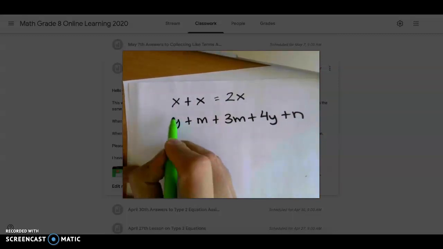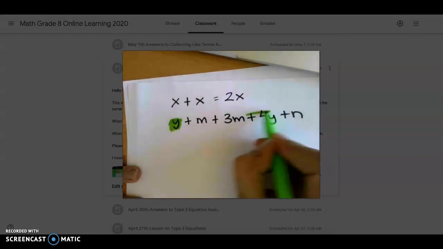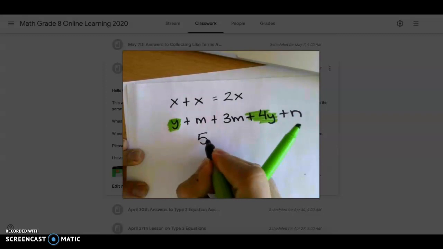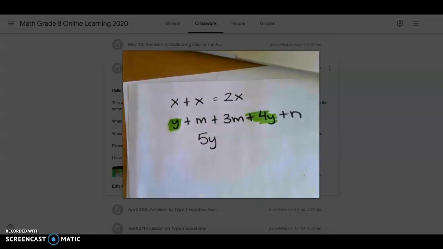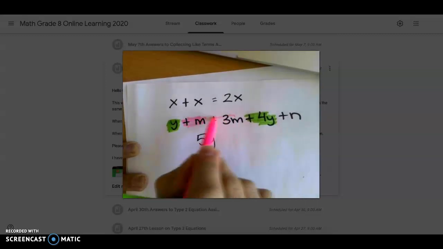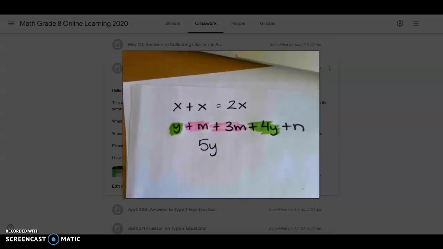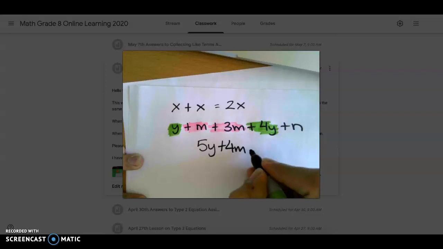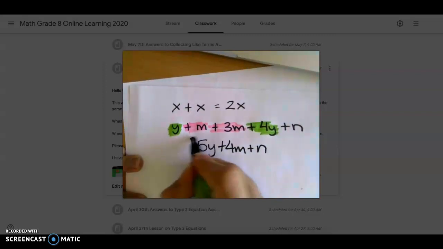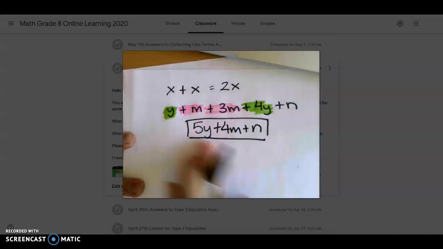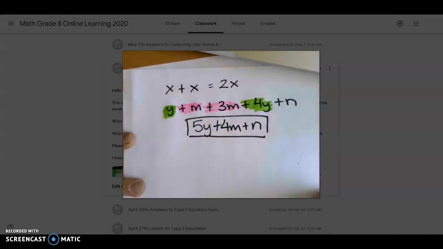So let's do it. 1y plus 4y is actually 5y. 1m plus 3m is actually 4m, and this lonely n, we just need to include in our answer, plus n. So far, these ones are pretty easy because they're all pluses, isn't it?